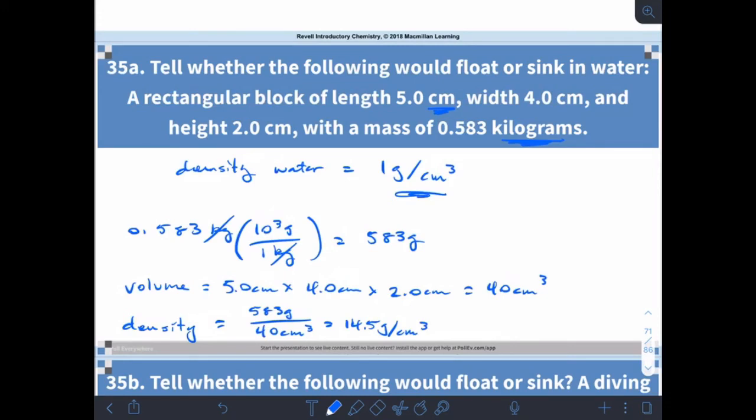So what do you think? If the density of water is 1 gram per cubic centimeter and our object is 14 grams per cubic centimeter, it's going to sink. It's very important to make sure that your units match.